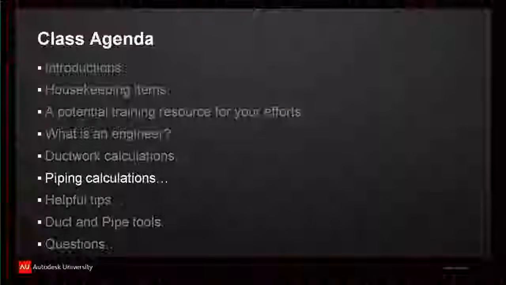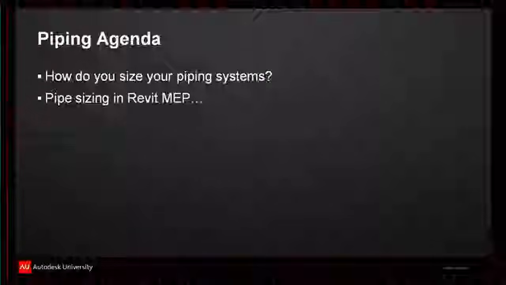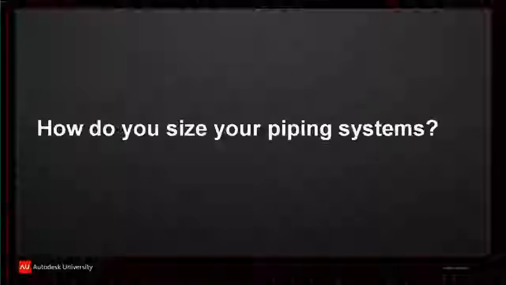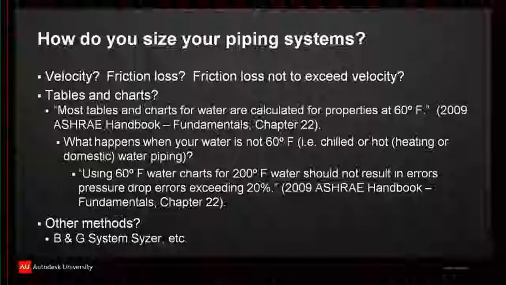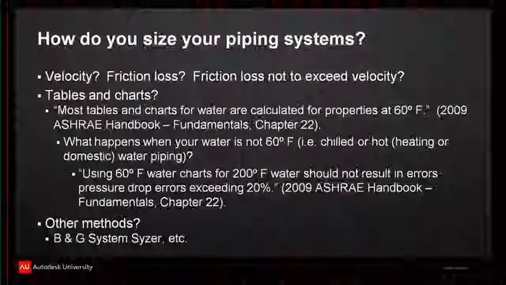Okay? All right. So let's move on very quickly to piping calculations. We're going to talk about how engineers size their piping calculations, very similar to what we did with the ductwork, and then we're going to apply that to Revit MEP. When Adam and I talk to the engineers, we tell them that we understand that you can size your piping system based on velocity, based on friction, based on a combination of both.